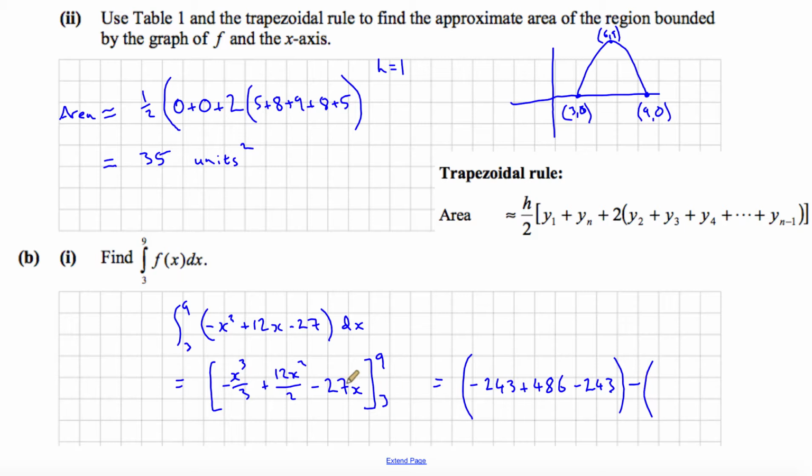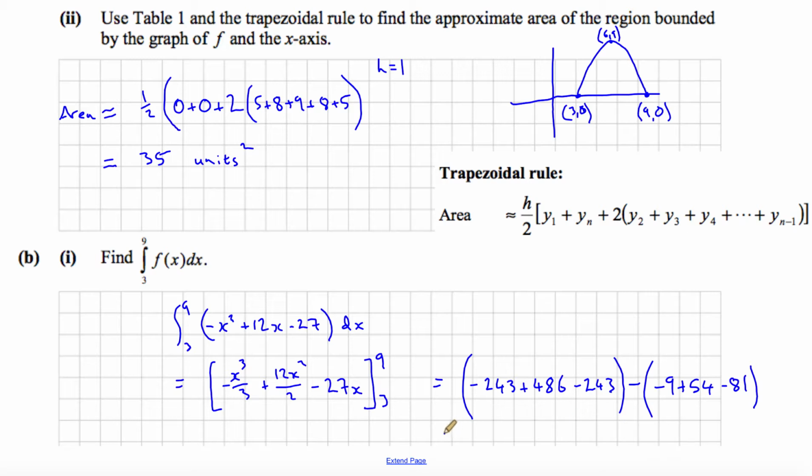So minus, when I put 3 in for this x, I get minus 3 cubed over 3, which gives me minus 9. Plug it in for the second term rather, and I get a value of 54. And finally substitute the 3 in here, and I get a value of minus 81.